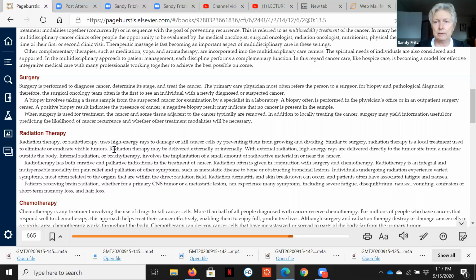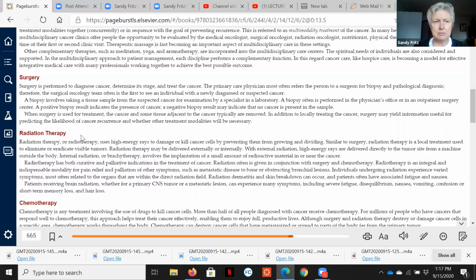And then a deterioration will progress. So surgery helps get rid of a lot of those cells. And then the other treatments like radiation and chemotherapy don't have quite as big a job to deal with.